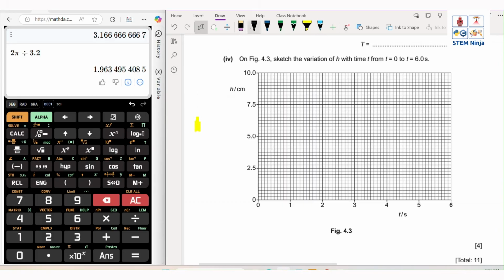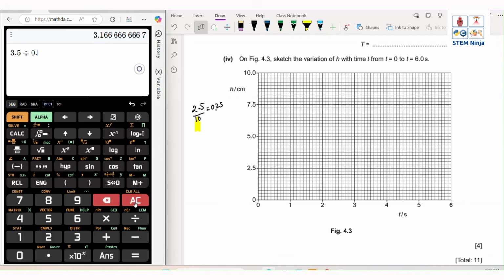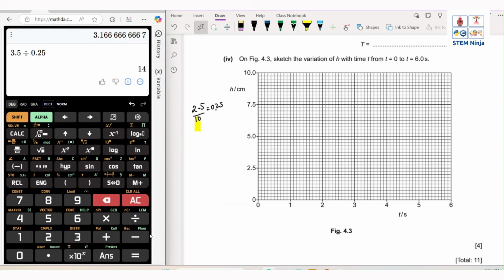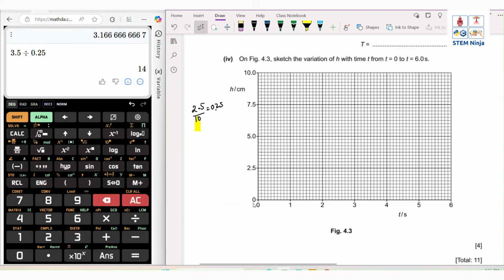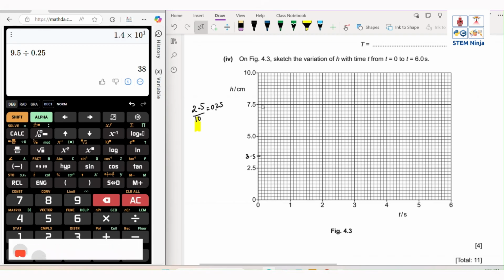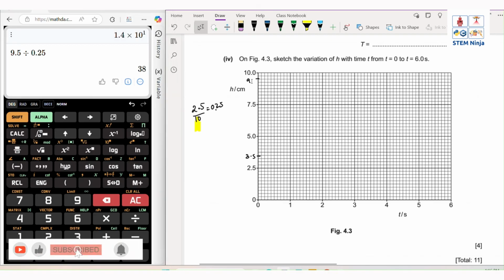Again, we need to know what the resolution is. 2.5 divided by 10 is 0.25. So to find 3.5 divided by 0.25, we need 14. So 14 means this is 10 and this is 4. This is 3.5, and for 9.5 divided by 0.25, you need 38. So 10, 20, 30, and this is your 9.5.